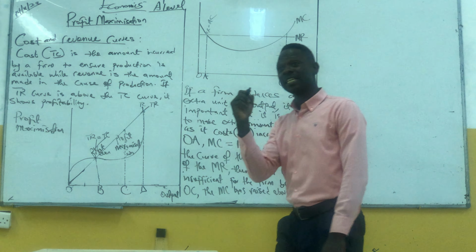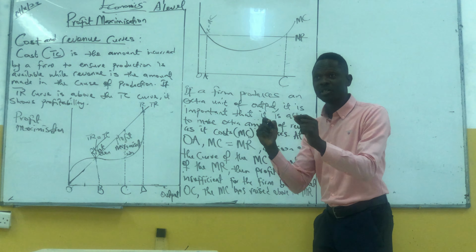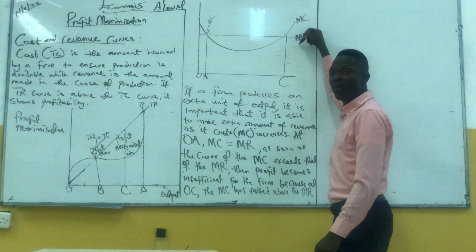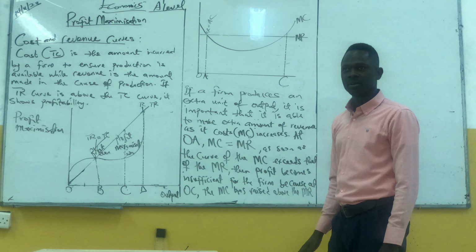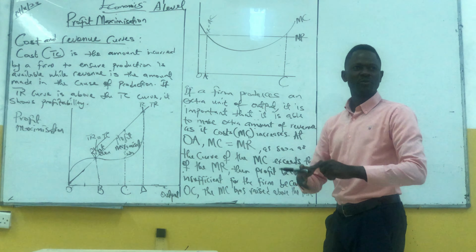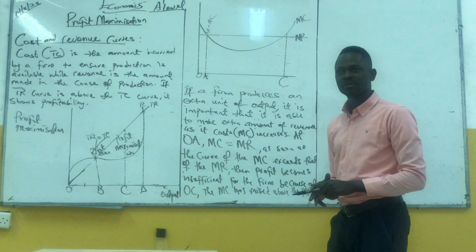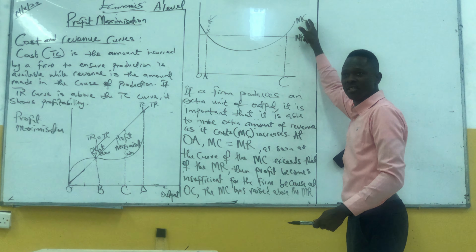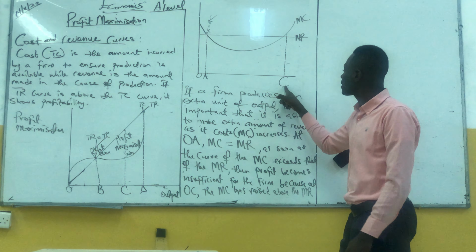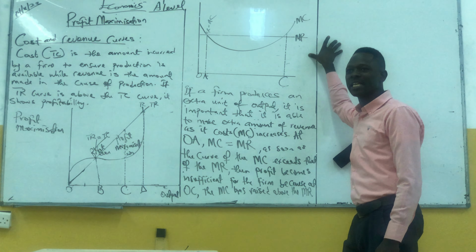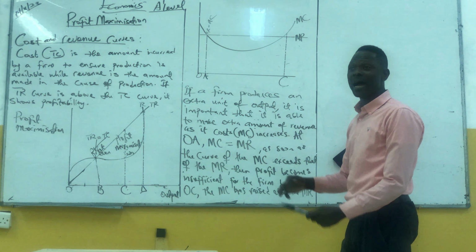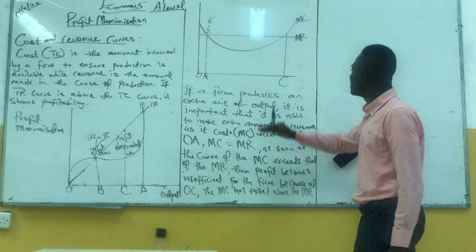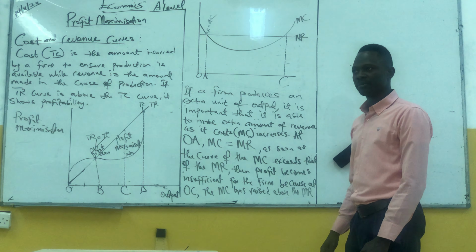What happens afterwards? There's going to be a stage where the firm will produce so much extra that the cost will rise above the revenue. Producing extra units has made you incur more cost. So at OC, what happens? Profit is not sufficient anymore because the firm has incurred more cost than the revenue it makes for the extra unit of output.